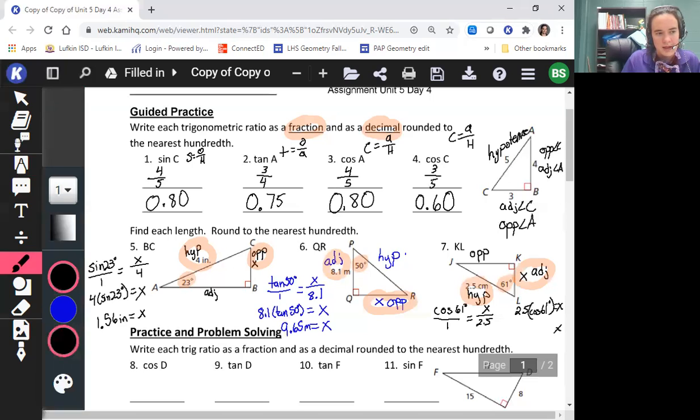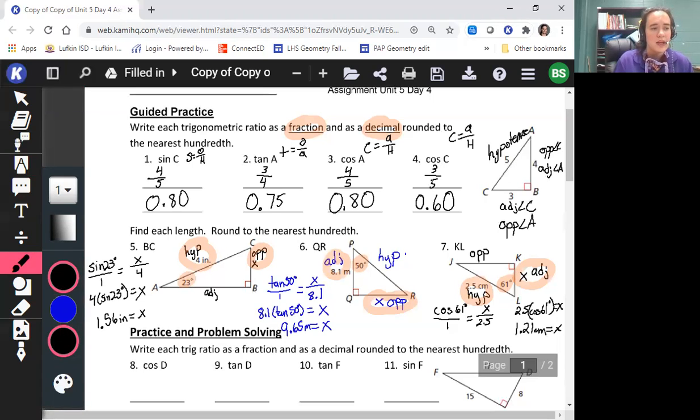So we can go ahead and put that in our calculator, 2.5 times cosine of 61 degrees. And we get 1.21 because after that last one is a 2. So 1.21 centimeters.